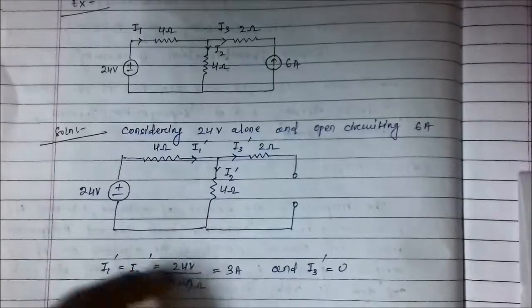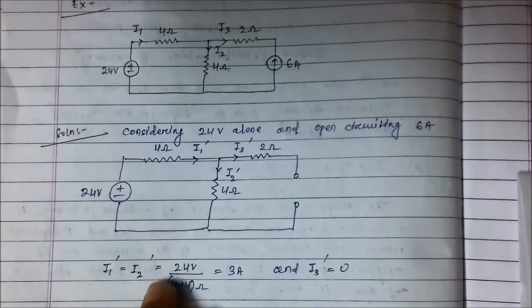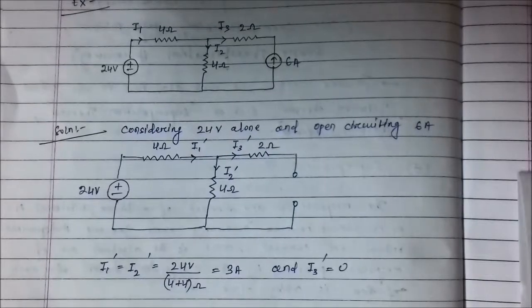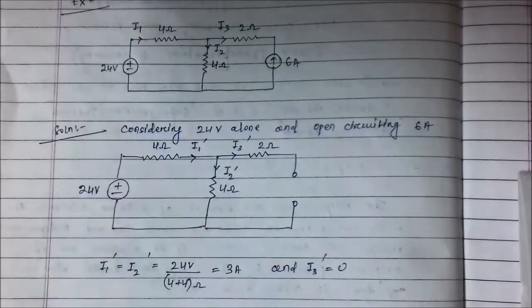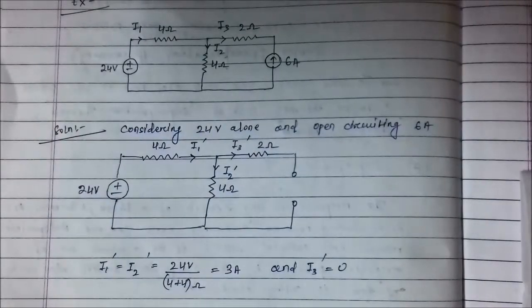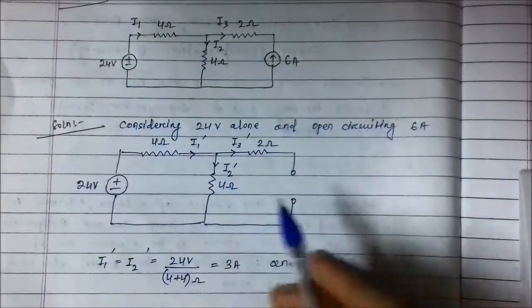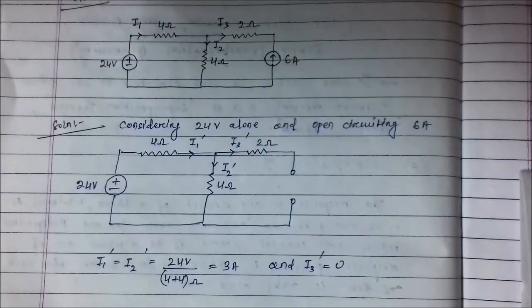So it becomes a closed loop. So I1 dash equals I2 dash equals 24 volt divided by the sum of these two resistances, 24 by 8 ohm, since 4 plus 4 ohm is 8 ohm. So it is 3 ampere. Note down this value: I1 dash equals I2 dash equals 3 ampere.